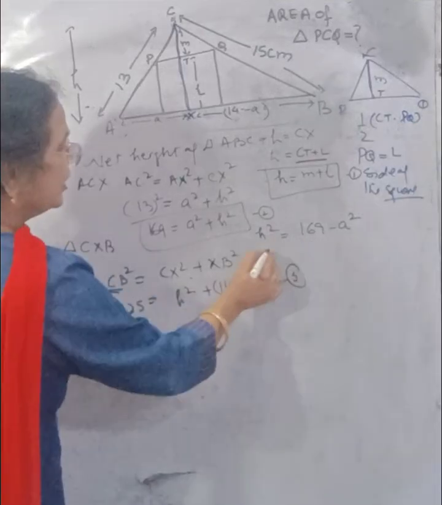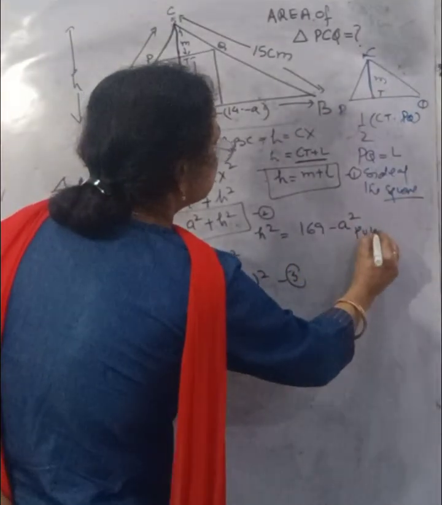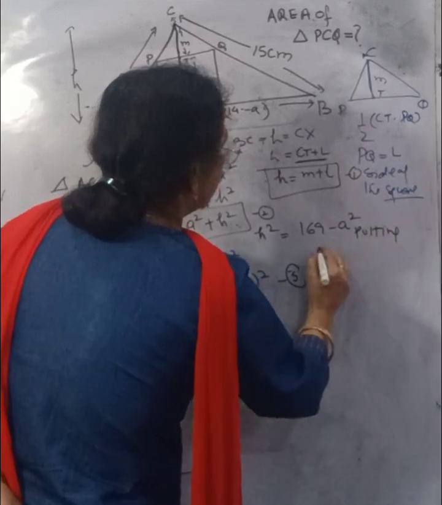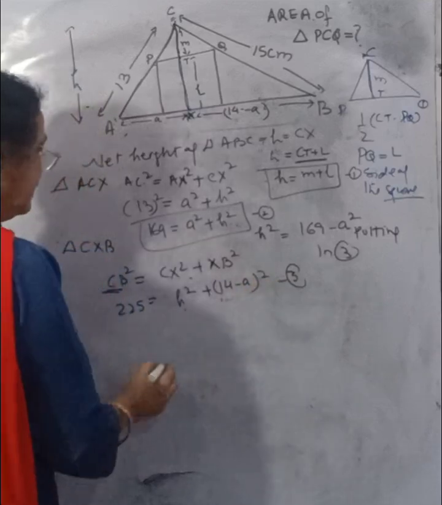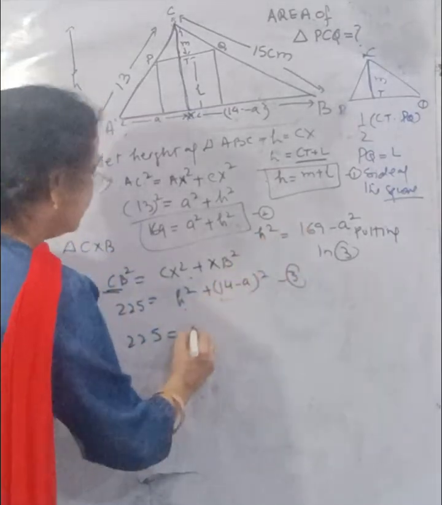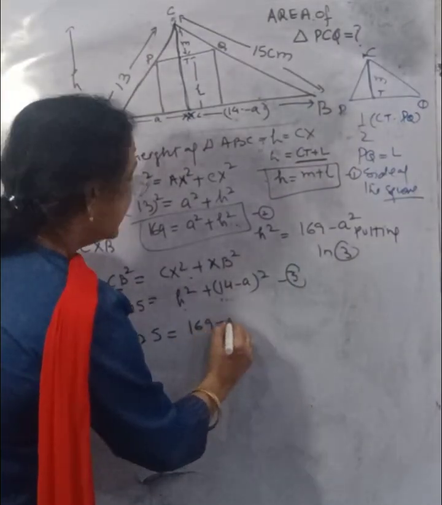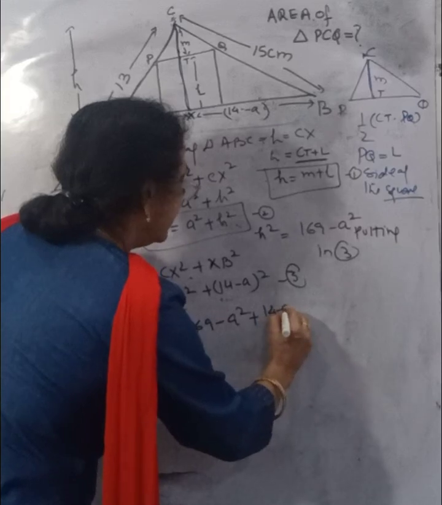Putting this value in the third equation, 225 will be equal to 169 minus A square plus 14 minus A whole square.